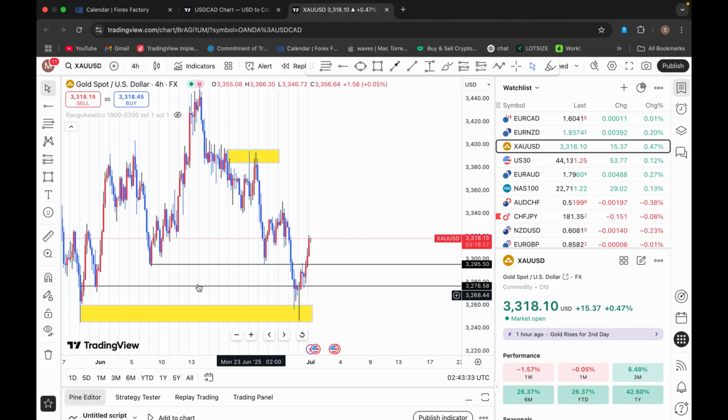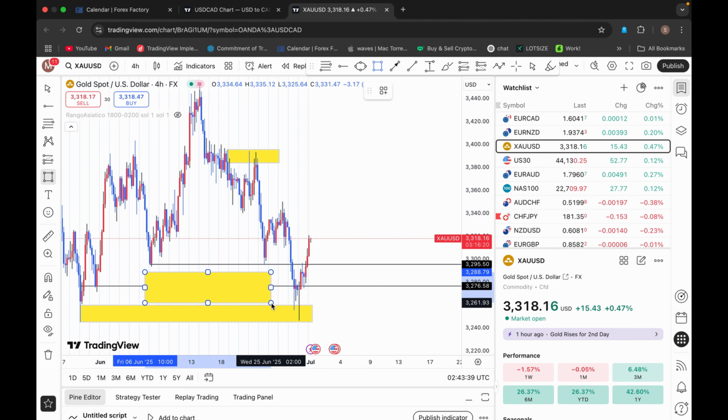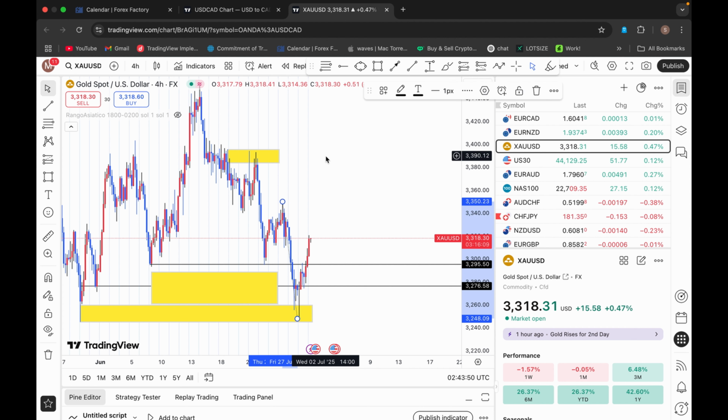But this is what happened: S1, S2, to induce traders. So this below becomes the fake out zone, and this is where there's a bunch of stop losses placed. As you can see, price pushed up. After pushing up, price then went down, gave a peak, and started moving away.